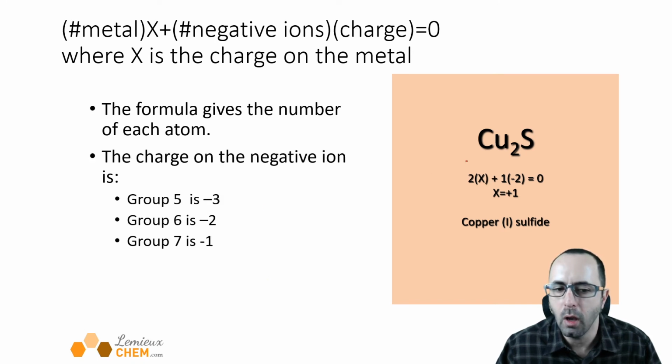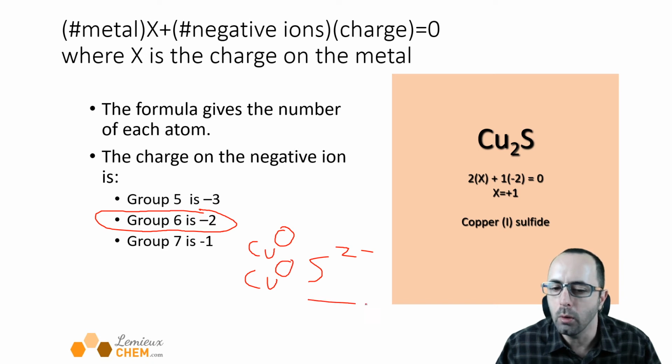So the formula gives you how many of each atom. The charge on the negative ion is, well, it's in group 6, so it's -2. So we could do this visually like I showed the other one too. 2 negatives here, right? And then we have copper, we have 2 of them, but we don't know what the charge is.